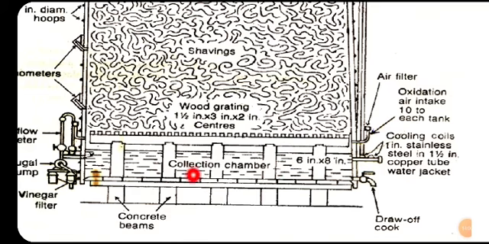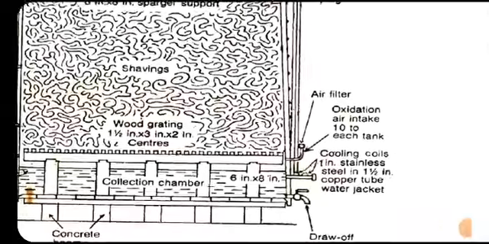If the acidity is very high, this indicates that a sufficient amount of acetic acid is formed, and then this mixture is separated from this drawing off cock, and again the fresh mixture is added, which is again circulated.